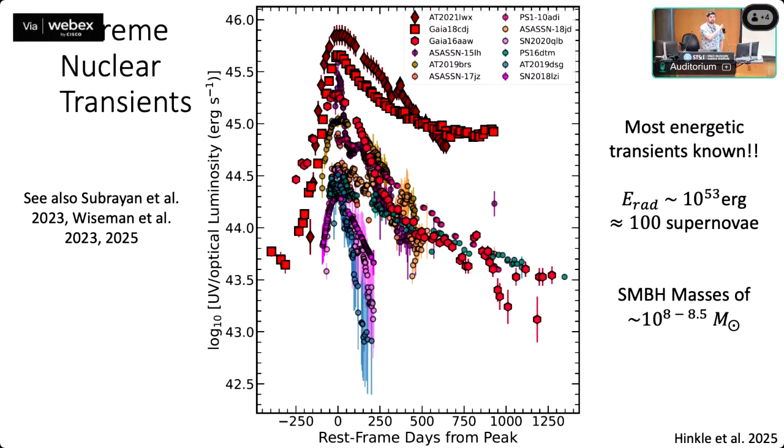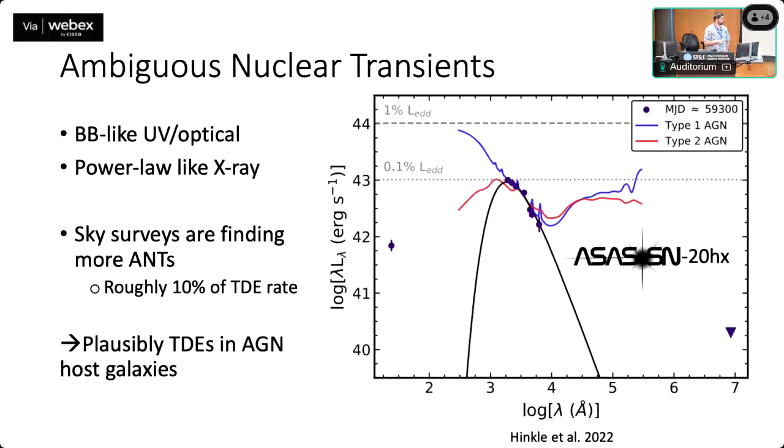And so in particular, the most luminous and energetic of these are about 10 to the 53 ergs if you integrate out, which is about 100 times the kind of typical supernovae that Lindsay was just talking about, right? So these are incredibly energetic events. We also know at least from host galaxy scaling, so maybe take that with a grain of salt, especially given that these sources are at redshift 1 or so, they're living on more massive black holes than we're seeing for normal TDEs, at least at low redshift.